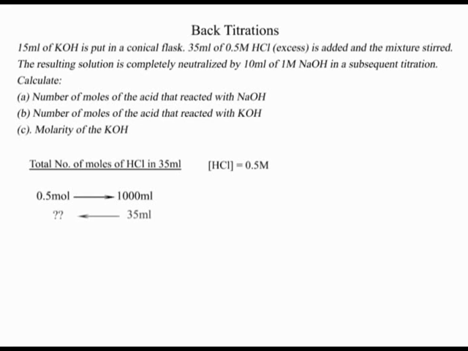How about 35 milliliters? We have 0.5 times 35 over 1,000, and that gives us 0.0175 moles. And so the total number of moles of hydrochloric acid in 35 milliliters of solution is 0.0175.